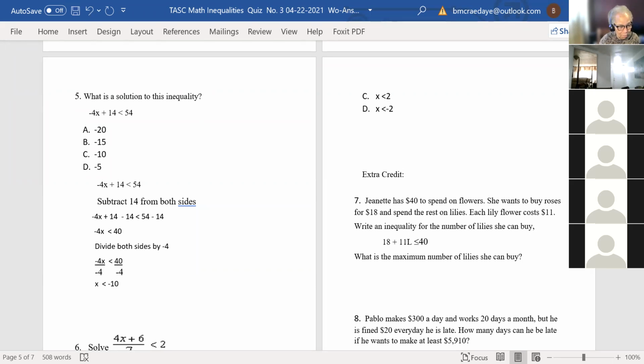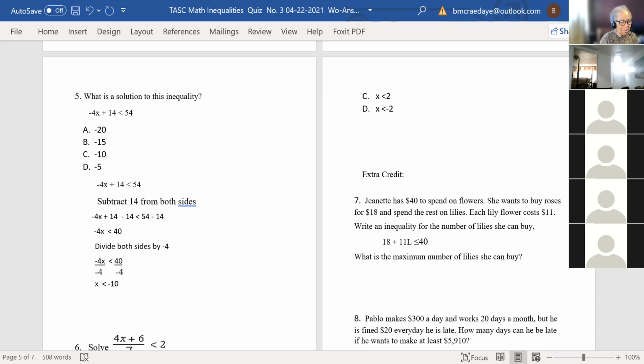Okay, now when we divide or multiply by a negative, what do we do, Vanessa? You divide. You change the... you do the reciprocal.